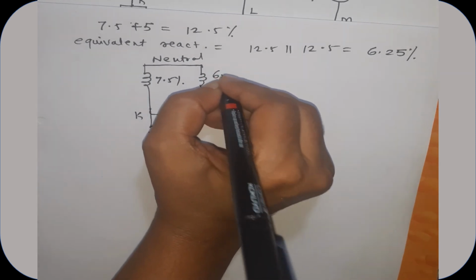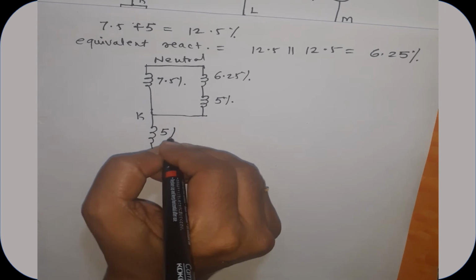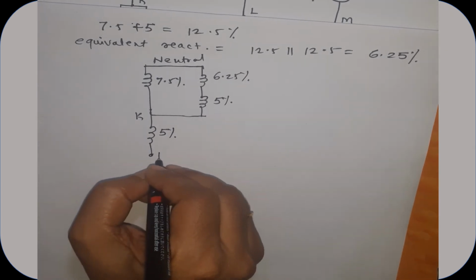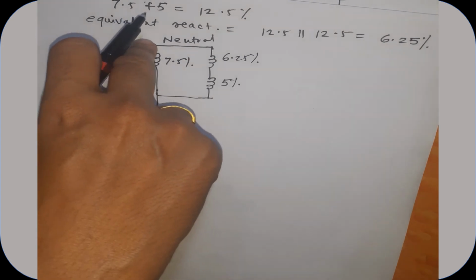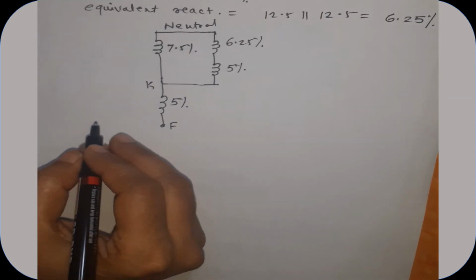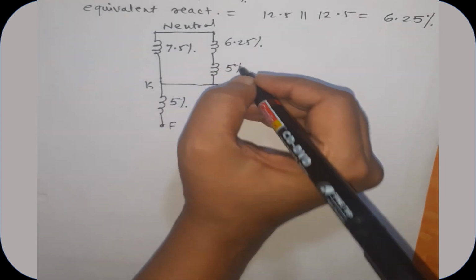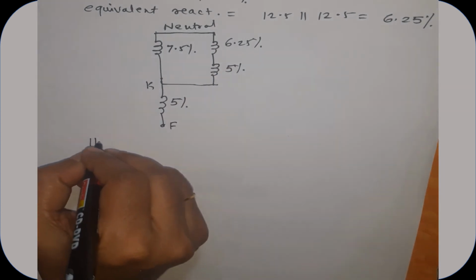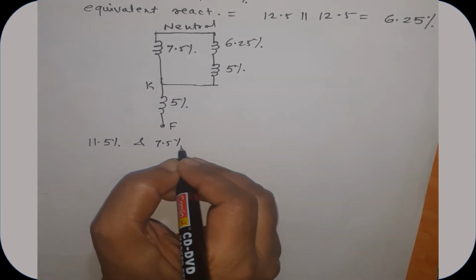It is 6.25% plus 5%. So now we have to find the equivalent reactance of this particular system up to the fault location. So 6.25 plus 5 is 11.25. So 11.25% and 7.5% will come in parallel.